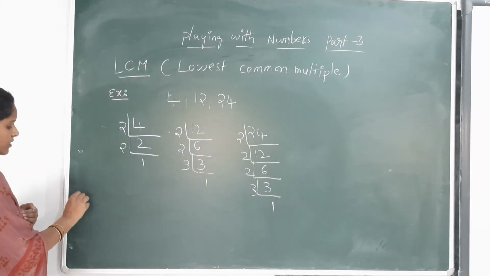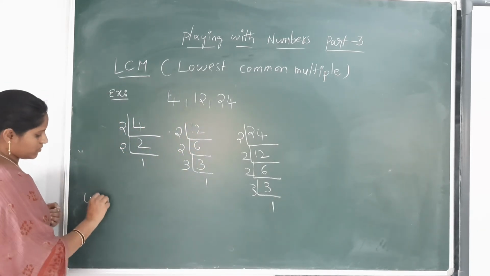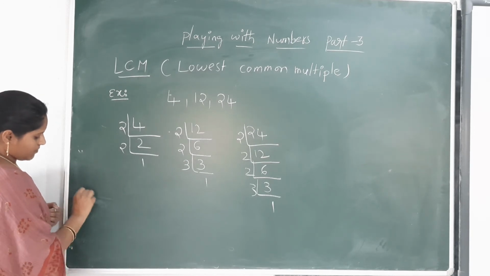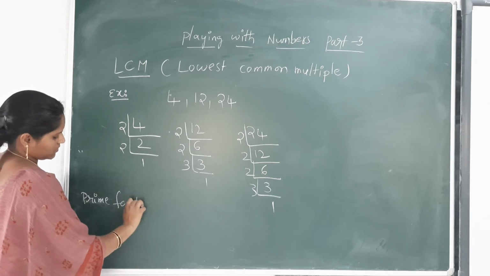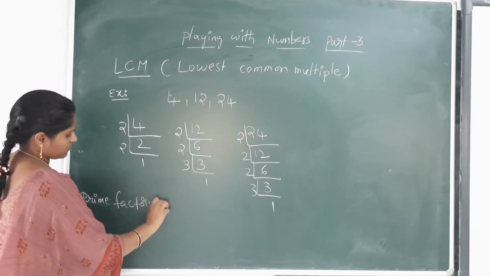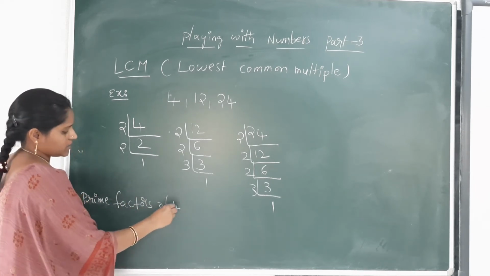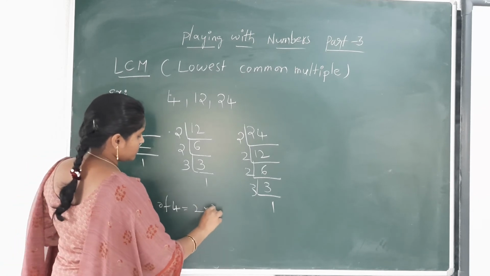Next, the prime factors. Prime factors for 4 are 2 into 2.